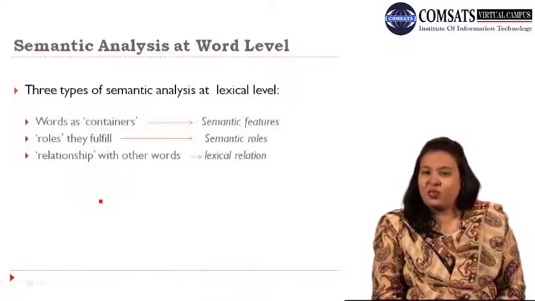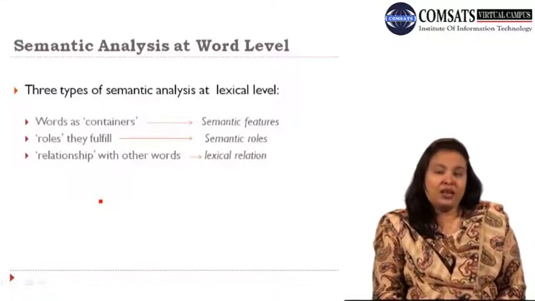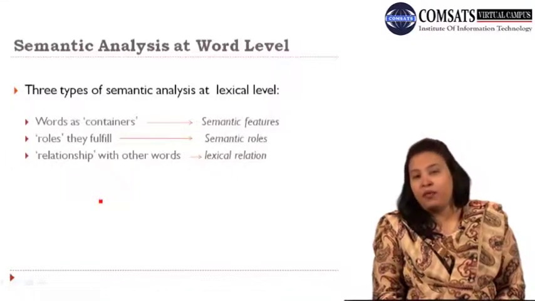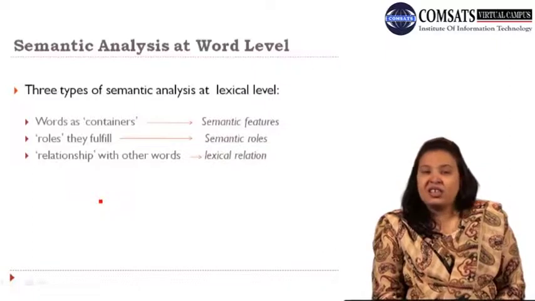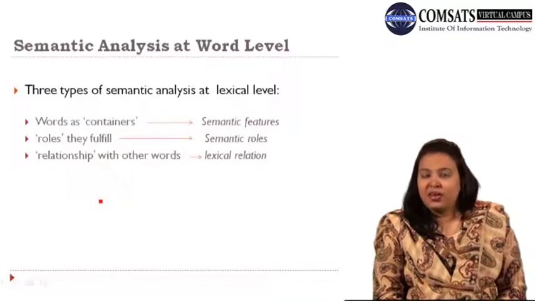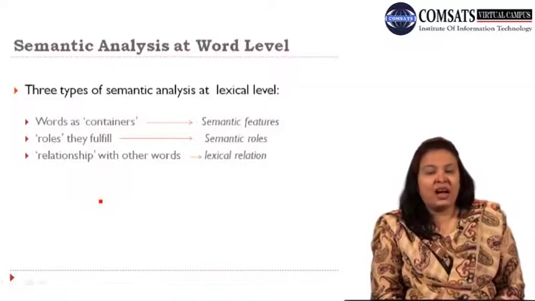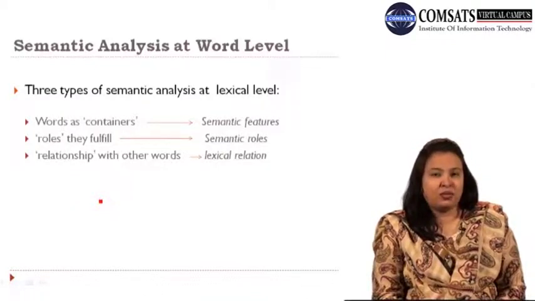The second way is to divide words on the basis of semantic rules, meaning the rules the words fulfill, the rules the words perform. And finally, words have relationships with other words, and on the basis of that we have lexical relationships.